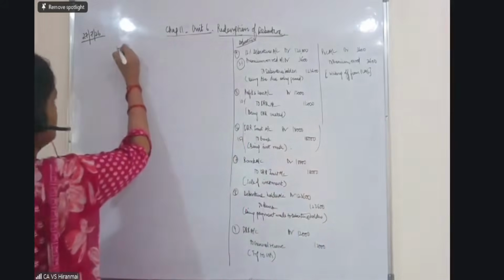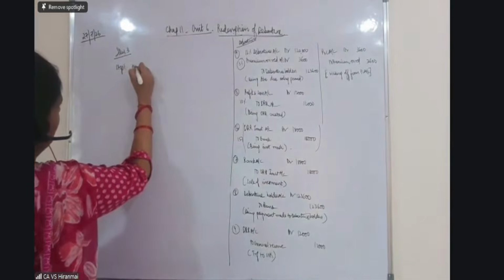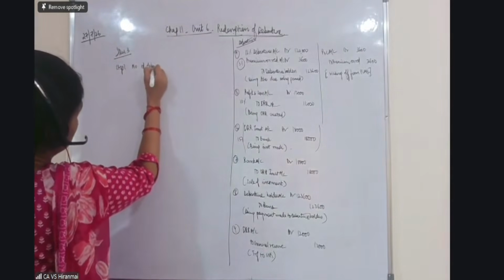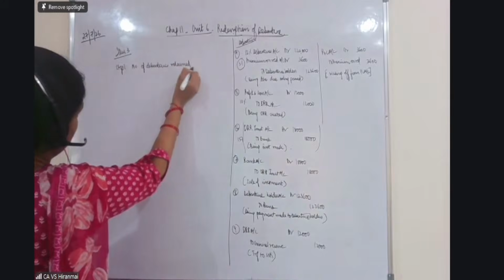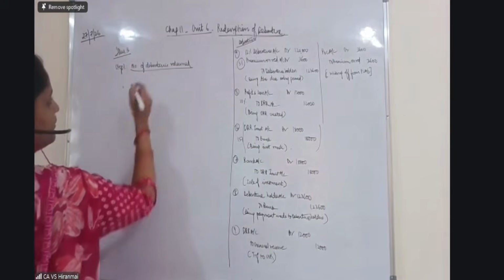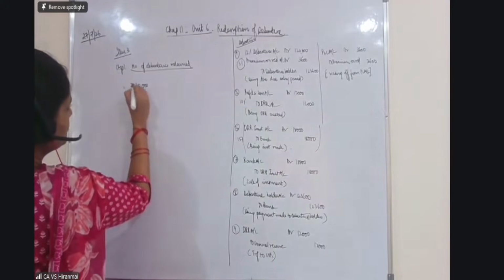Okay, now this is illustration number 3. Step number 1, number of debentures to be redeemed. All of you please see here, what is the number of debentures to be redeemed? 20,000 rupees worth of debentures.